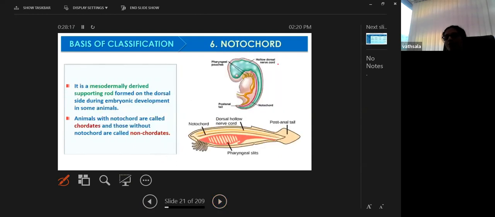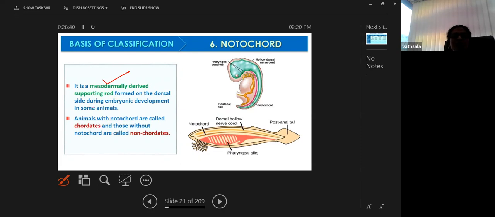Next, notochord. What is notochord? Notochord is mesodermally derived. What is the origin of your nerve cord? Notochord develops into a spinal cord in higher organisms. What is its origin? Mesoderm.